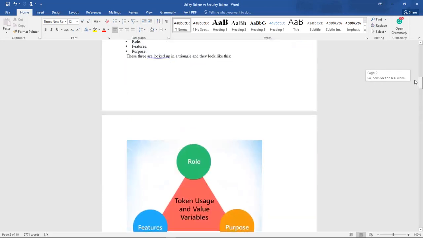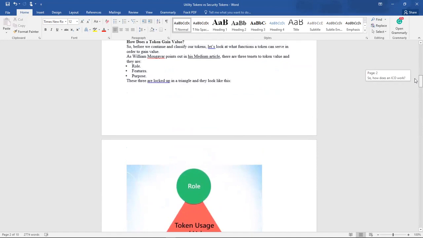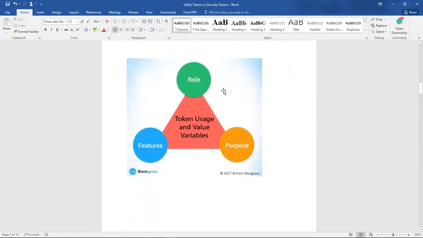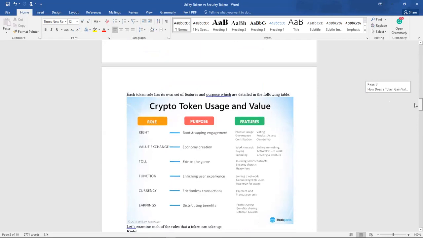So we'll dive deeper and look into the three tenets. This is the triangle that I'm talking about, the token usage and value variables. We'll take a look at the first one, and that is role.